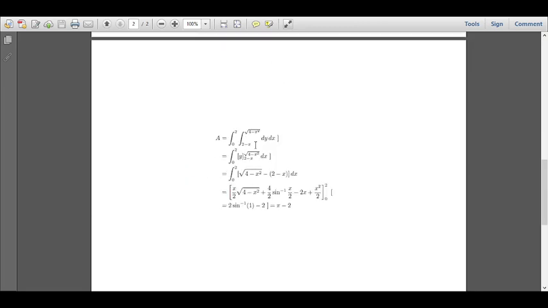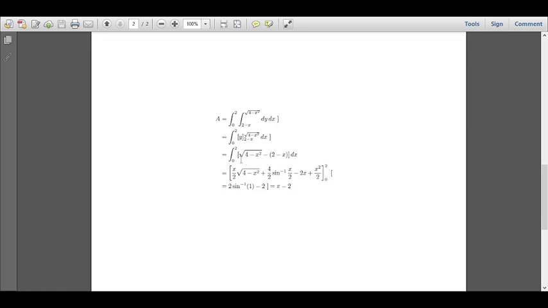Plug in the limits. First we integrate with respect to y. So integral dy is y, substituting the upper limit square root of 4 minus x square minus the lower limit 2 minus x, dx. So square root of 4 minus x square, which is nothing but square root of 2 square minus x square dx, and this is of the form square root of a square minus x square dx.